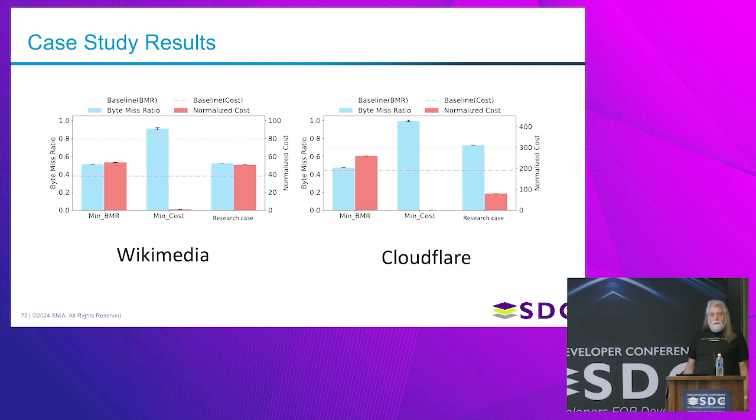The first set of bars are for byte miss ratio, and the dashed lines that go across are the baseline byte miss ratio and the baseline cost for each one of those examples. And you can see with the byte miss ratio, we far exceed what Wikimedia did at a slightly higher cost. We can see that if we go with the absolute minimum cost, we do not get as good as the Wikimedia baseline is.